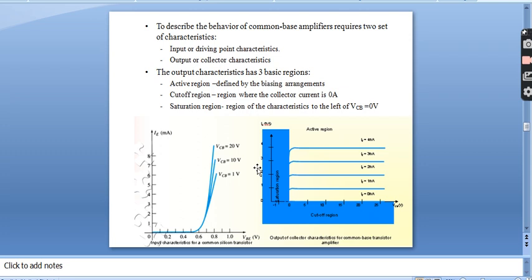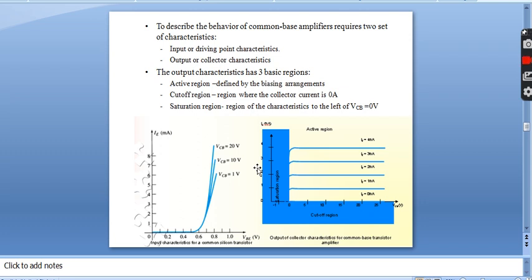The saturation region is the region of the characteristics to the left of VCB equal to 0.